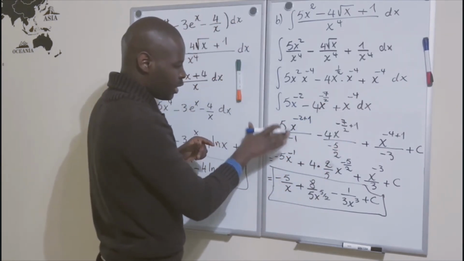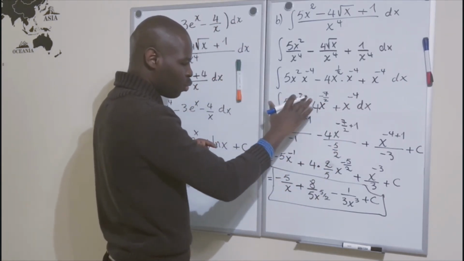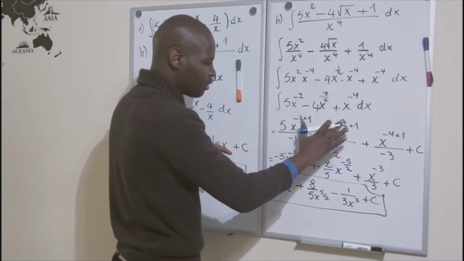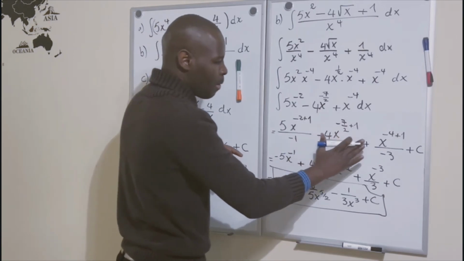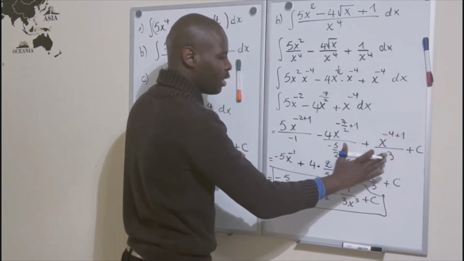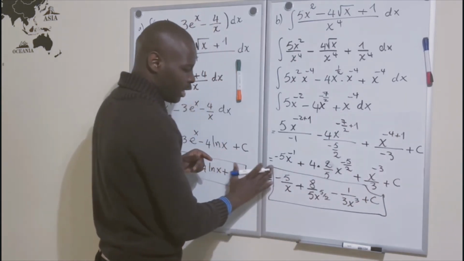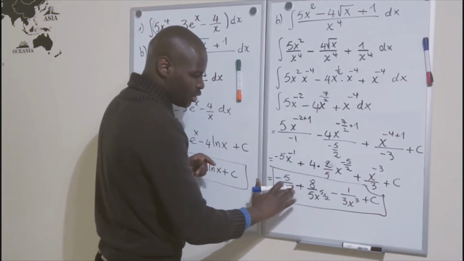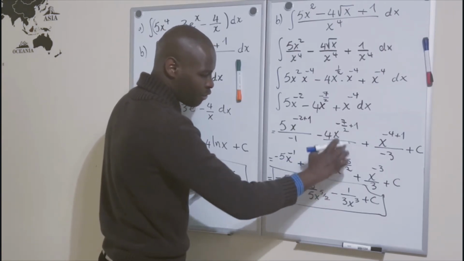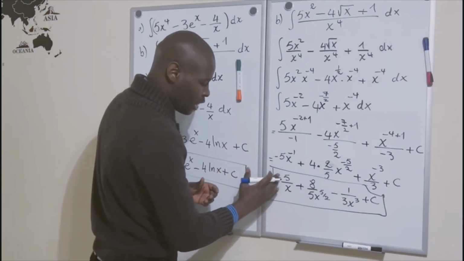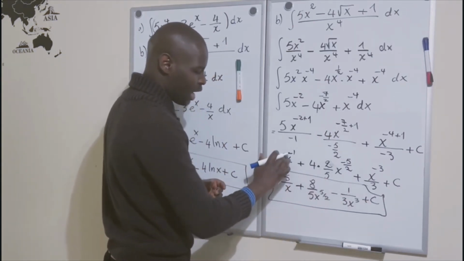And then here we started integrating because we added 1, we divide by the total, and then we added 1 here, we divide by minus 5 half, plus x to the minus 4 plus 1 divided by the total, which is minus 3, and then we just simplify this here. And then remember you have to multiply by the inverse of your fraction since you're dividing by a fraction. And then I just simplified here because I have negative powers.